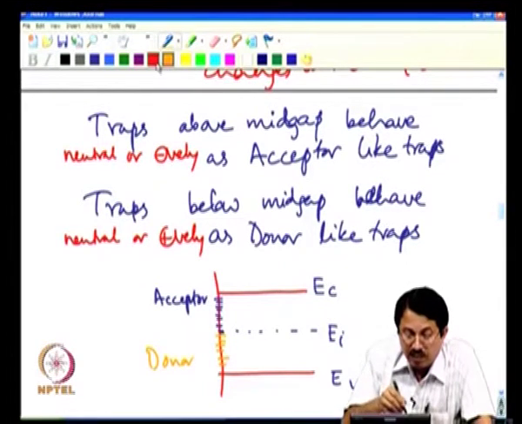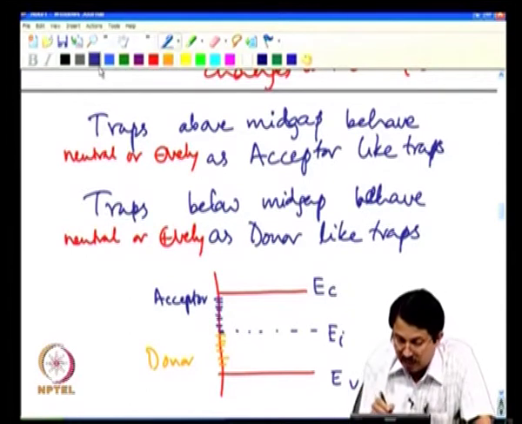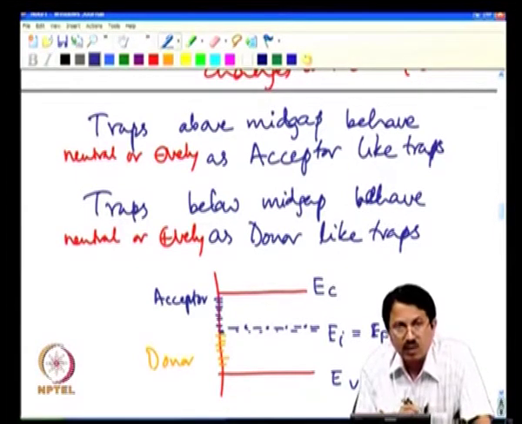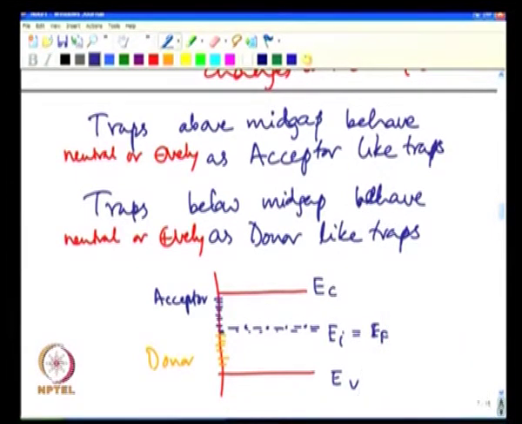In other words, if my Fermi level is exactly at mid gap, what does it mean? All these donor like states are filled with electron, they have not donated electron, these traps, and hence they will all be neutral.